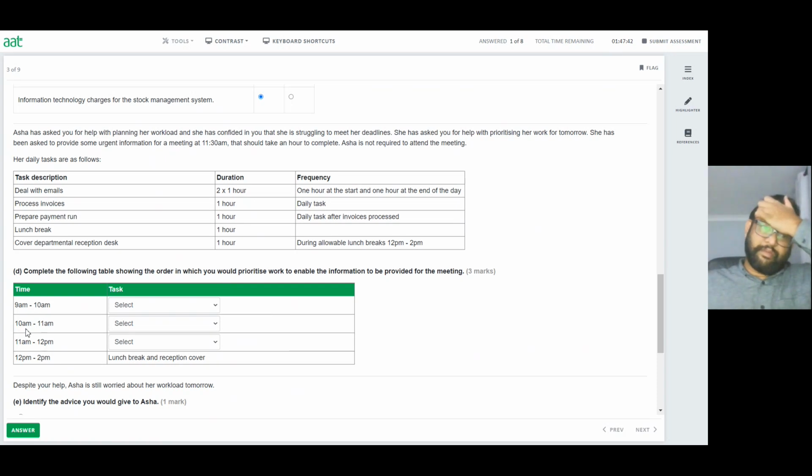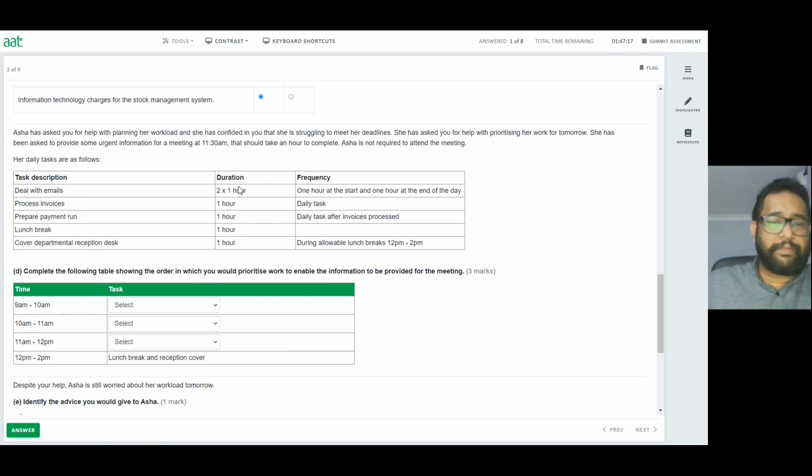From 9 to 12 she has to do certain tasks, but after 12 o'clock, probably after the lunch break, she covers the reception as well. So there are some daily tasks there, and then also what you need to do afterwards.